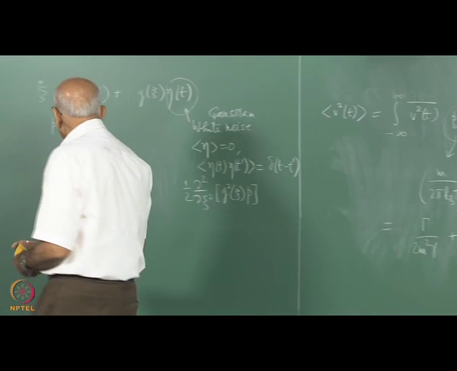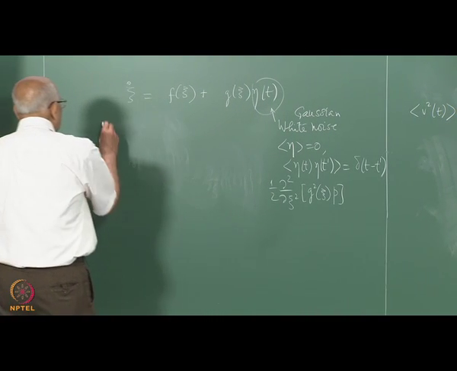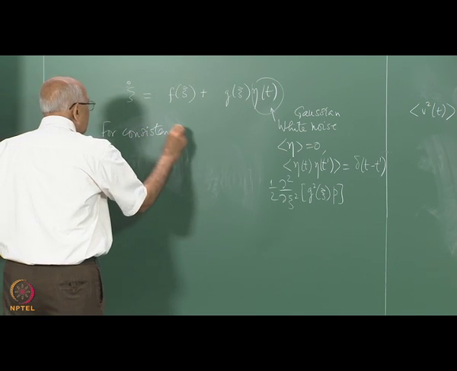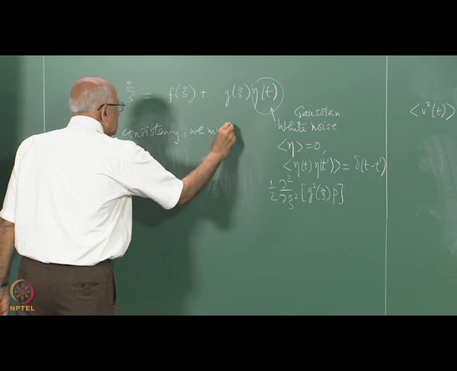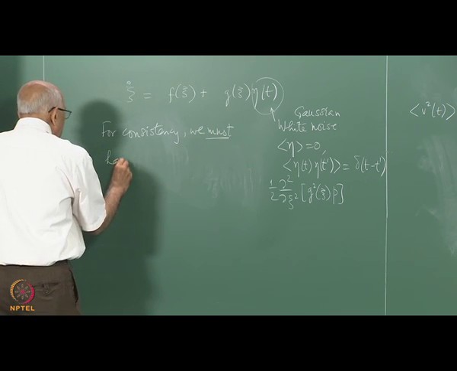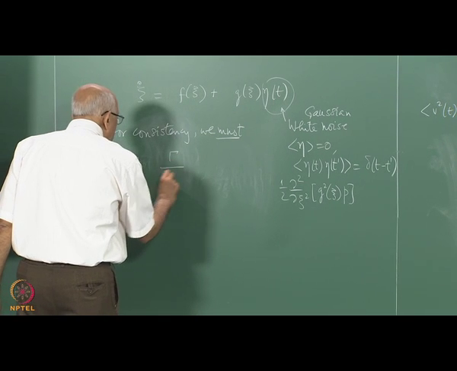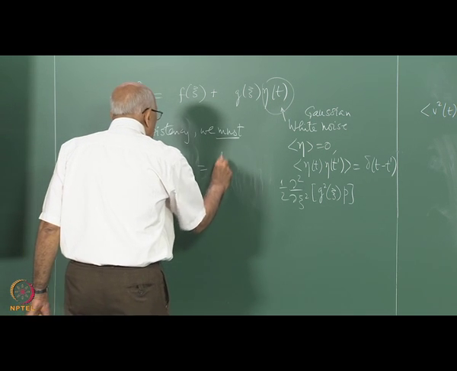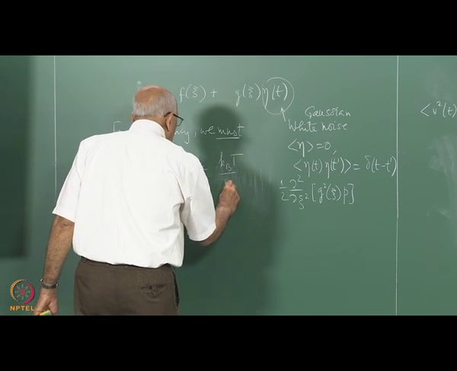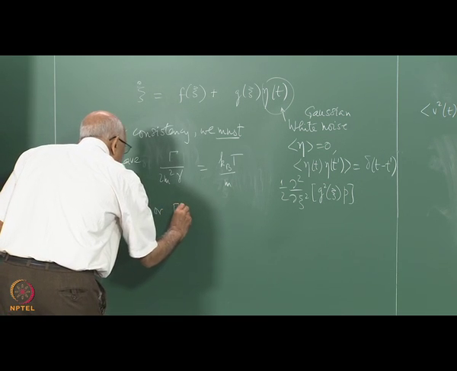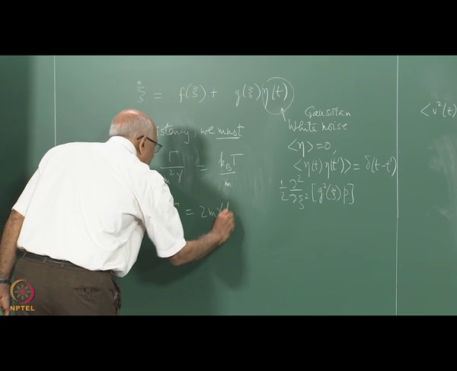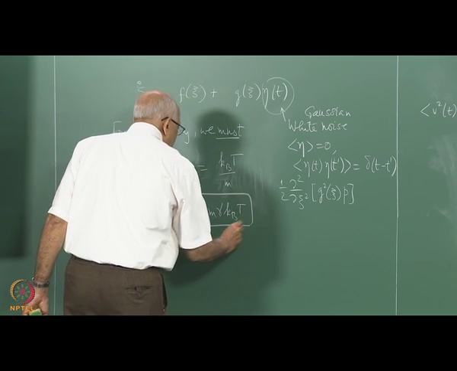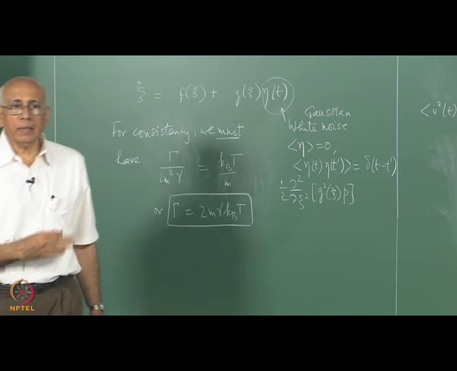So it says that consistency requires we must have gamma over 2 m squared gamma equal to k Boltzmann T over m, or capital gamma equal to 2 m little gamma k Boltzmann T. This is required by consistency.